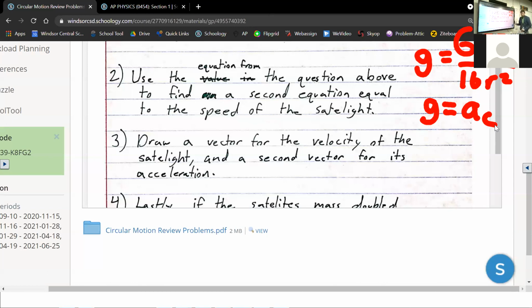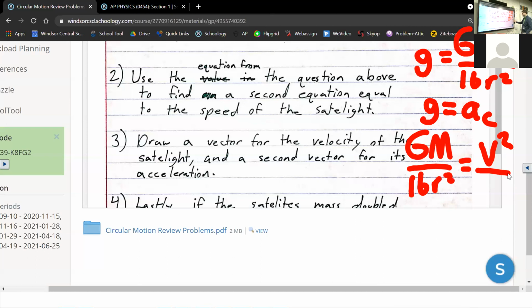Because remember, for any object in perfect circular orbit, the force of gravity is the centripetal force, and the acceleration is the centripetal acceleration. So we had big G M over 16r squared equal to v squared over the radius. The radius being, what is it?